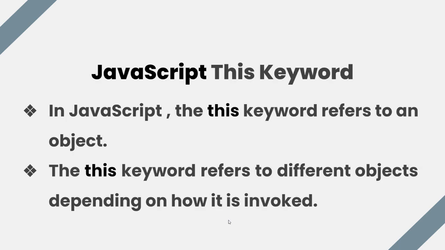So first and foremost, before we move on to invoking a function, we would be looking at the this keyword. So in JavaScript, there is a keyword called this, THIS, and I know we've not really made use of this keyword at all. Now, in JavaScript, the this keyword actually refers to an object.